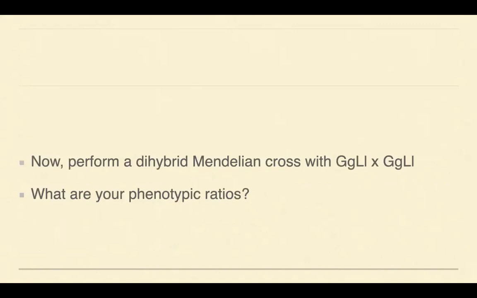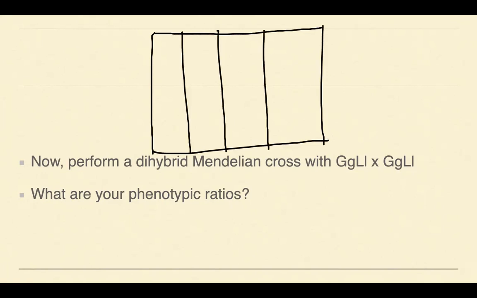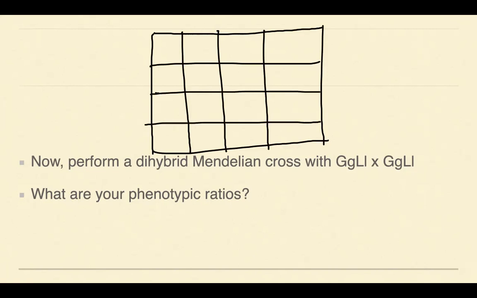Now, if we perform a dihybrid Mendelian cross with the heterozygous genotypes, I hope I have time for this. I think I do. So dihybrid cross, we have to have 1, 2, 3, 4, 1, 2, 3, 4.